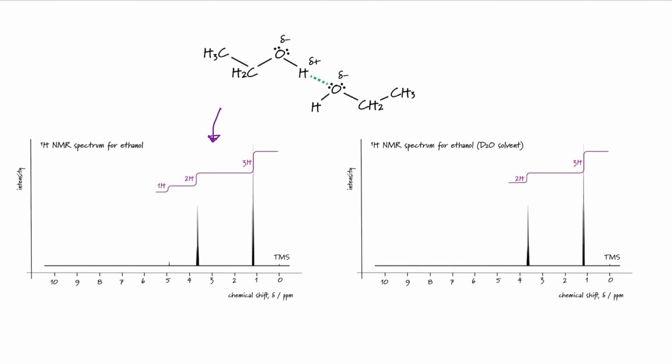Secondly, we shake our sample with D2O, where the deuterium replaces the proton in the OH or the NH group, which means that the peak for this proton disappears. So this peak is not there. If we compare the spectra for the deuterated ethanol with our original sample, we don't see the peak. That is our definitive evidence.